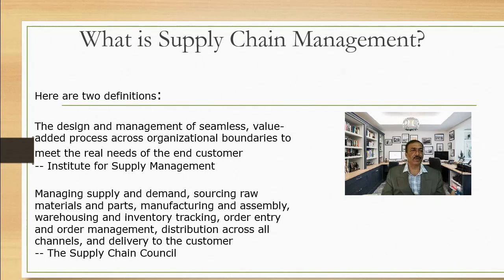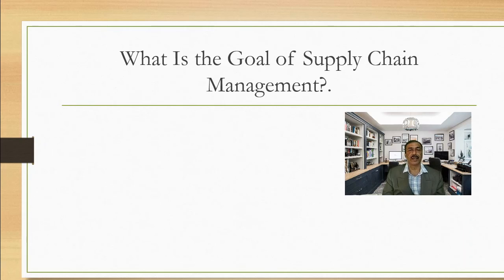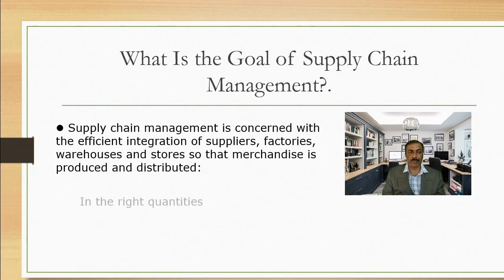When we talk about supply chain management, we are taking care of the entire activity of converting raw material to finished product. It includes planning, execution, transportation, warehousing, all that is necessary to efficiently manage things. This is called supply chain management.